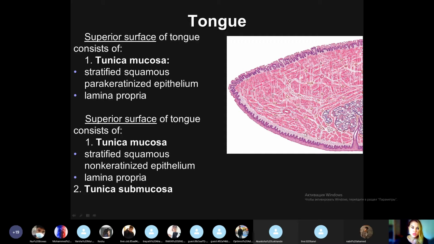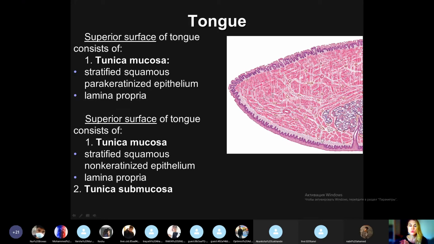So the inferior surface of the tongue is composed of stratified squamous non-keratinized epithelium, over here we can see it, and lamina propria, which is loose connective tissue, and tunica submucosa.